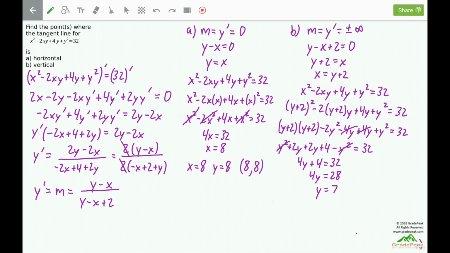We're under the condition that x equals y plus 2. So for y equals 7, x will equal 7 plus 2, which comes out to 9, and therefore we have the point with x-coordinate 9, y-coordinate 7, where the tangent line will be vertical.